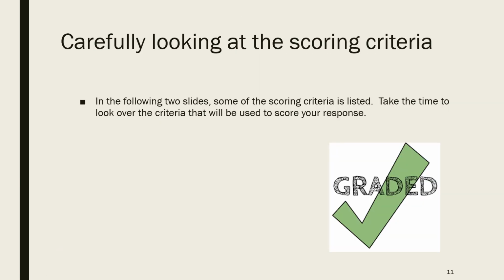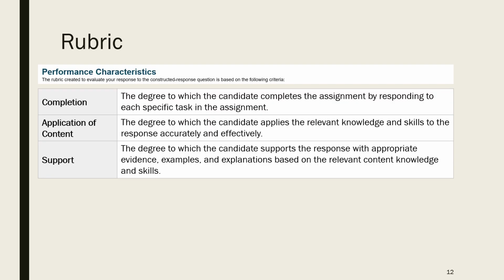So on the following 2 slides, some of the scoring criteria is listed because whenever we go into a task such as this, it's important to realize, be aware of how you're being assessed so that you can more carefully and more intentionally address what is being expected of you. So in this first rubric, you can see that they're looking at performance characteristics.